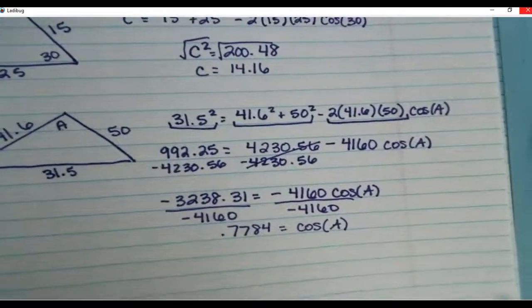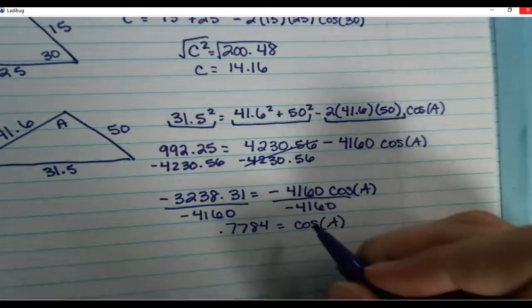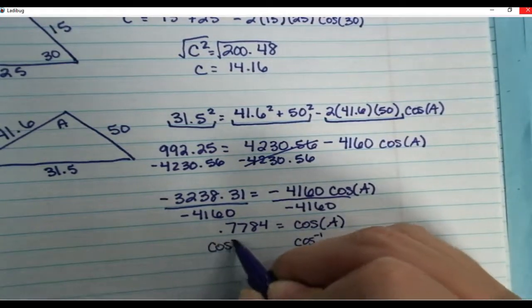And then my last step to get A by itself, what should I do? Move that cosine. Good. Good, the inverse. So cosine to the negative 1.